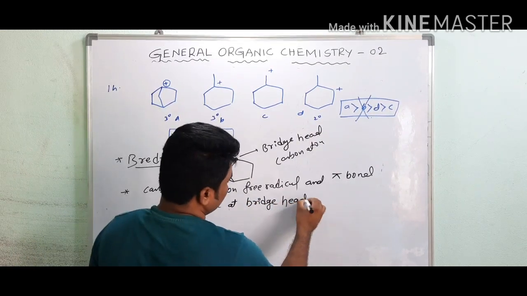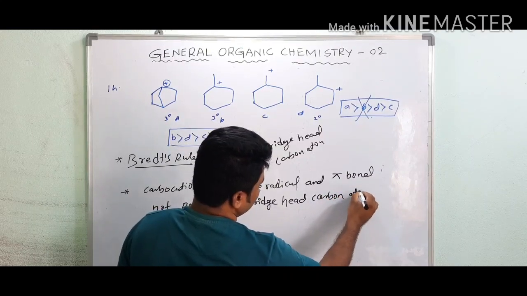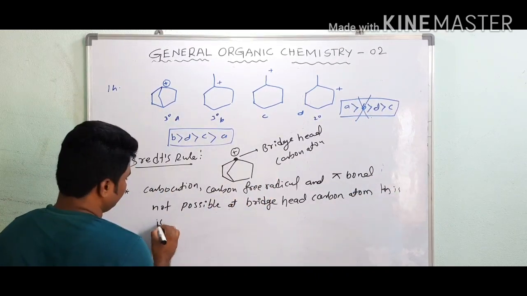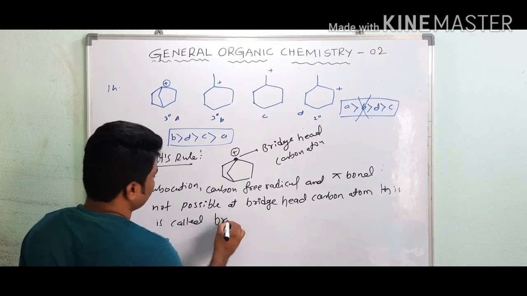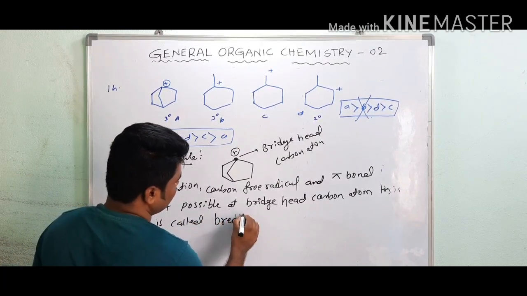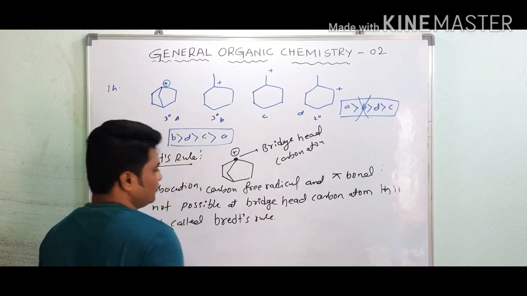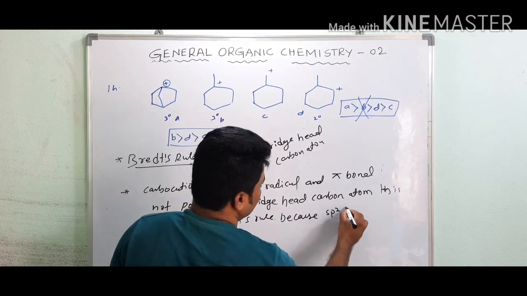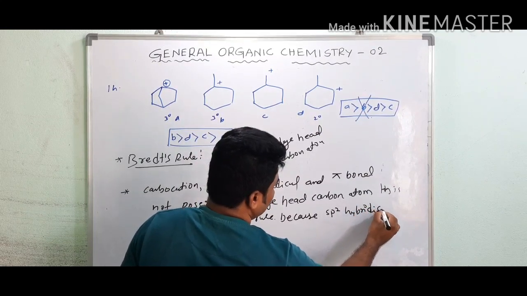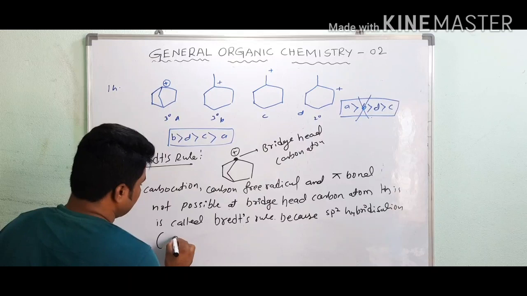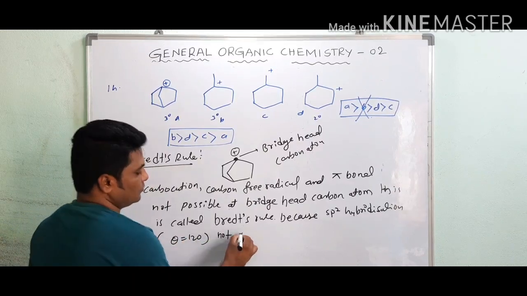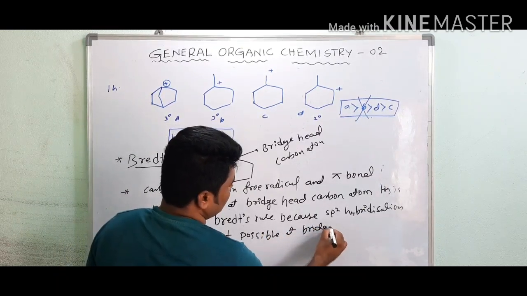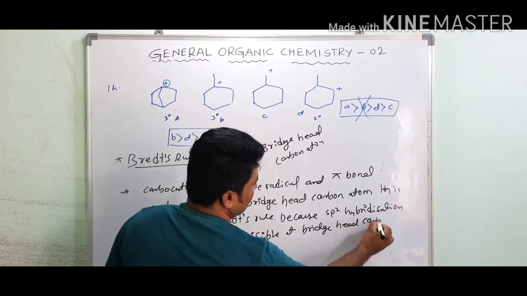bridgehead carbon atom. This is called Bredt's rule, because sp2 hybridization, in bracket theta is equal to 120, is not possible at bridgehead carbon atom.